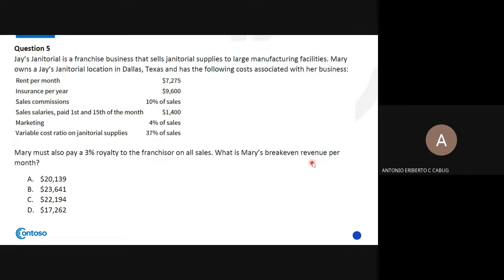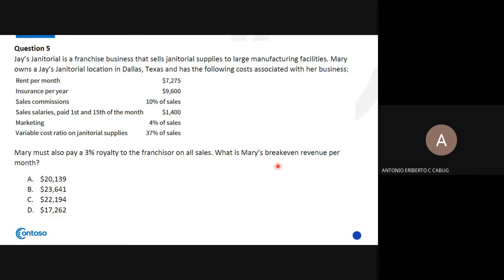Break-even revenue per month. Okay. 30 seconds more. Okay, enter everyone.